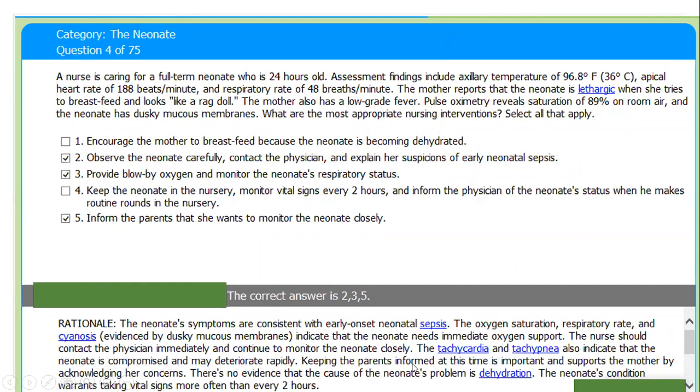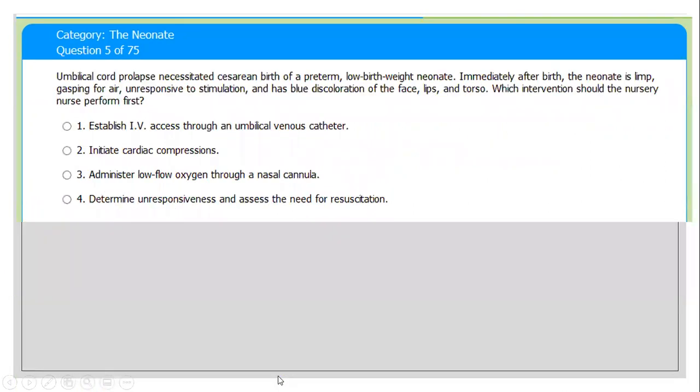Keeping the parents informed at this time is important, and support the mother by acknowledging her concern. And there's no evidence that the cause of the neonate's problem is dehydration, right? And with this neonate's condition, take vital signs more often than every 2 hours.